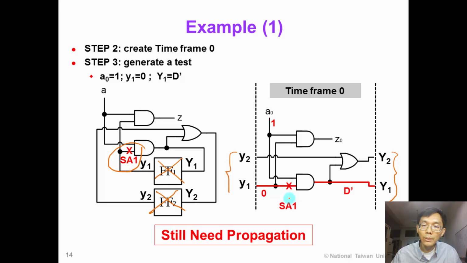If we want to propagate this fault to the right, then we will need A0 equal to 1. If we want to activate this fault, small y1 needs to be 0.